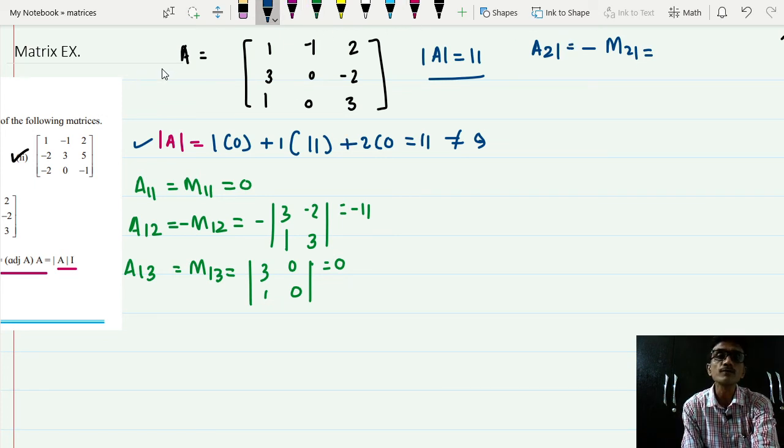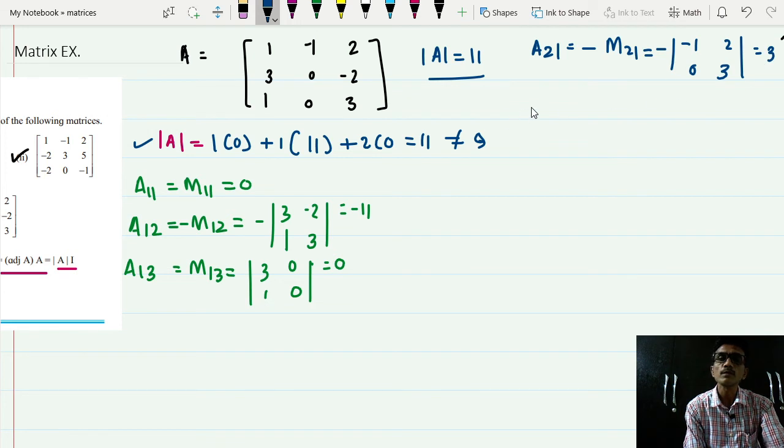Second row and first column we delete. So it is minus of the determinant with second row and first column deleted. Then it is minus 1 2, 0 3. So what is the expansion here? It will be 0 and plus 3, plus 3.